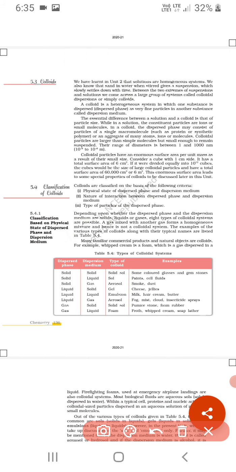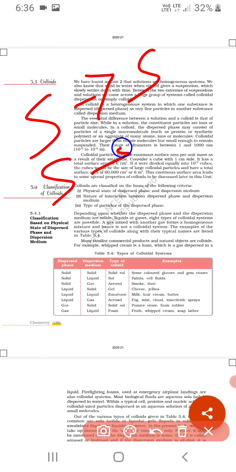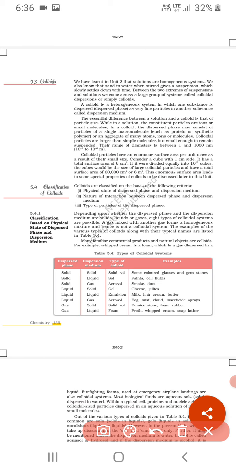That means solid dissolved in solid. Solid dispersed phase and dispersion medium liquid, that means solid dissolved in liquid. Next is solid in gas, that means solid dissolved in gas. Another one is liquid in solid. Next, liquid in liquid, liquid in gas, gas in solid and gas in liquid.